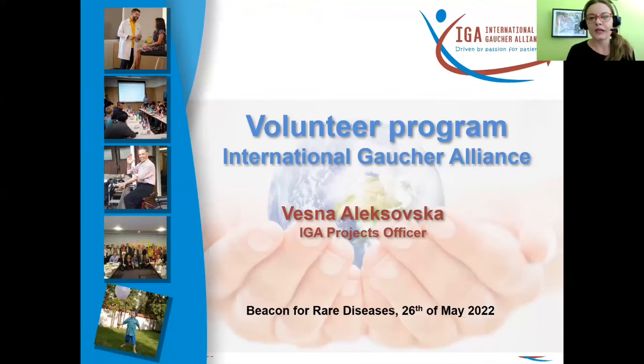I was very happy to see, when I was listening to Daniel and Hannah presenting, that I was doing the same things when I was developing the volunteer program for the International Gaucher Alliance. I started volunteering when I was 14 years old, with an environmental organization. Now I'm 37 and I'm still volunteering, although there are no volunteers in my family.